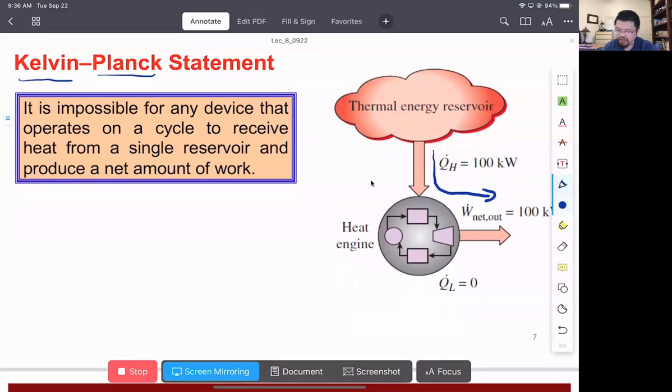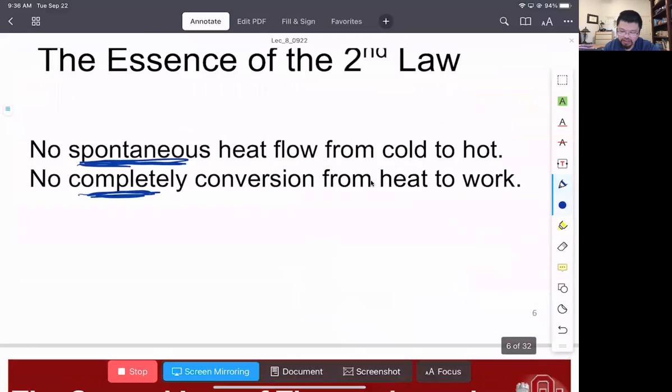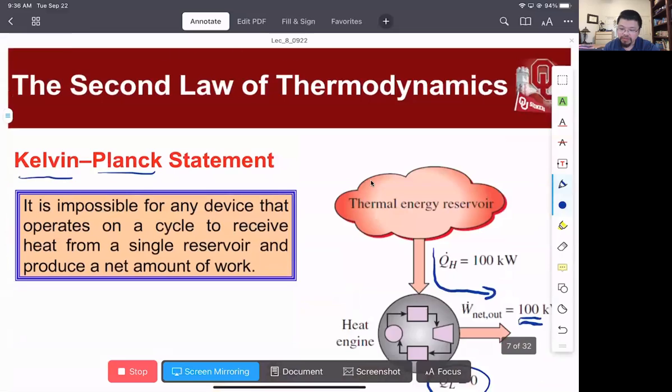If I take 100 kilowatts as the heat flow rate, but without any change to the surroundings, on the other end, if I have no heat outlet, I just cannot convert this 100 kilowatts completely to the work rate. Okay.